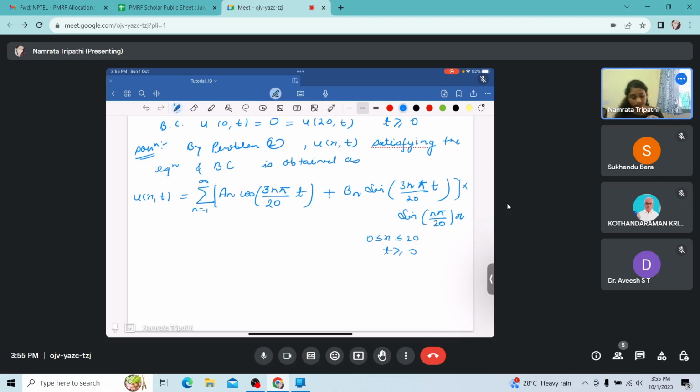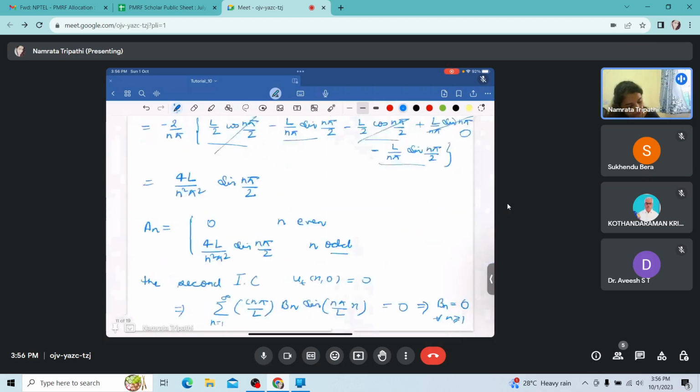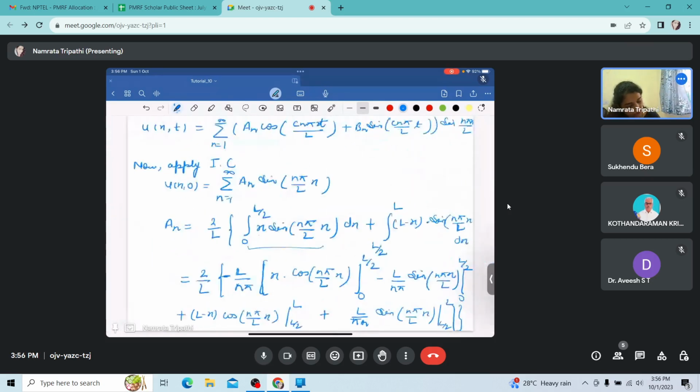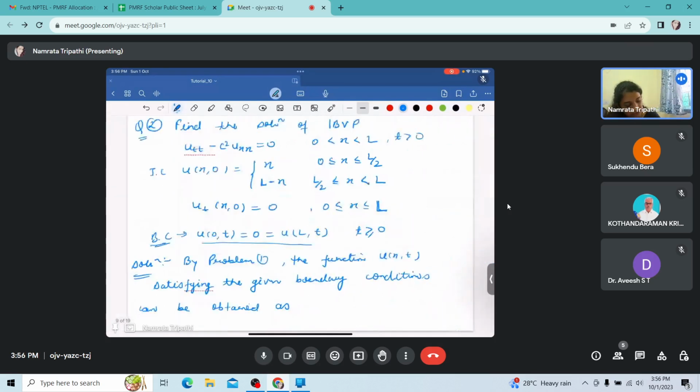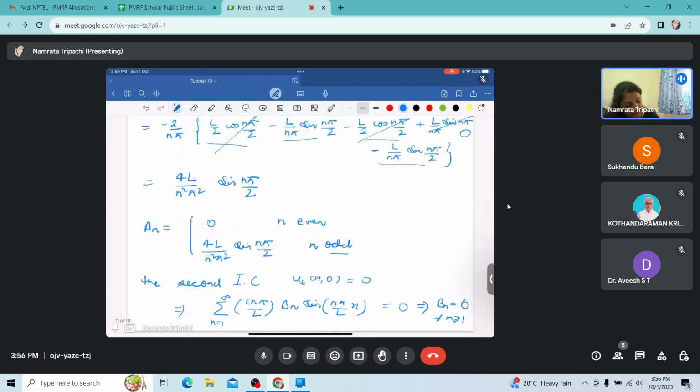Now, in a similar manner, as we have calculated the value of an, because at the place of L we are just provided 20. So can we write an directly from here?